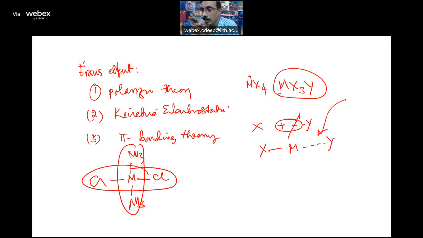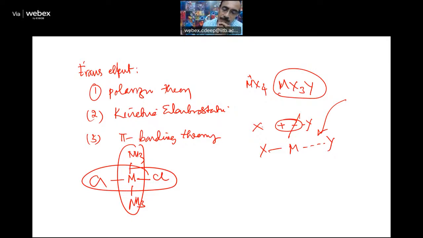Here, the trans-directing group, a group opposite to it, and the incoming group will be trigonal planar, the other one will be axial. You should know how to consider which one is axial and which one is equatorial: more electron donating groups and more electron withdrawing groups, and which one will go to apical. Based on that, you can explain kinetic electrostatic theory.